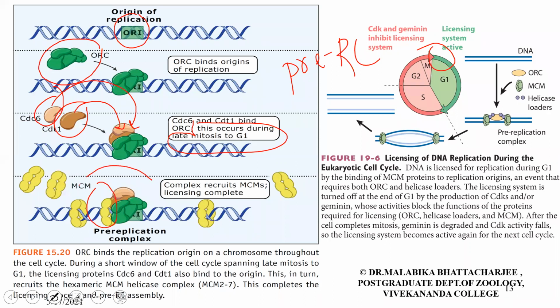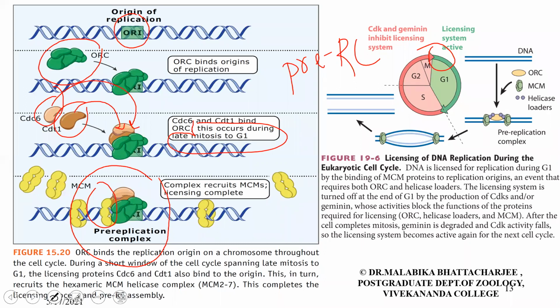So this is now the pre-replication complex. And the pre-replication complex is now ready for activation. It is not activated, mind it. It is not activated, it is ready for activation. The moment the cell will cross the boundary of G1 and S, this structure will be activated.